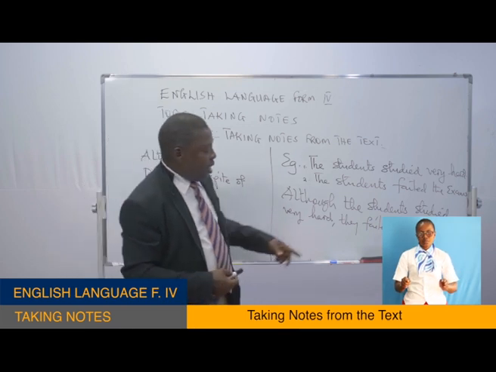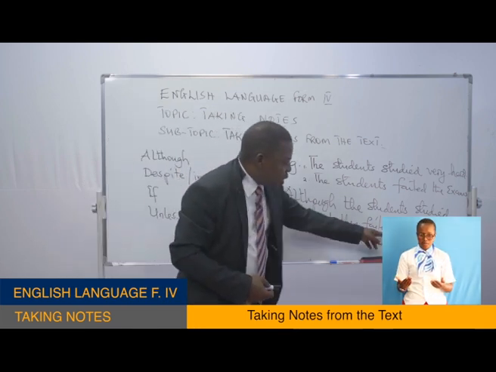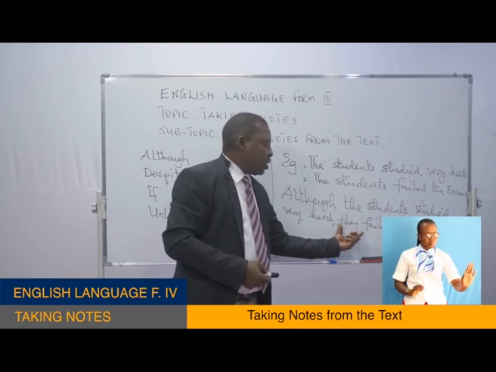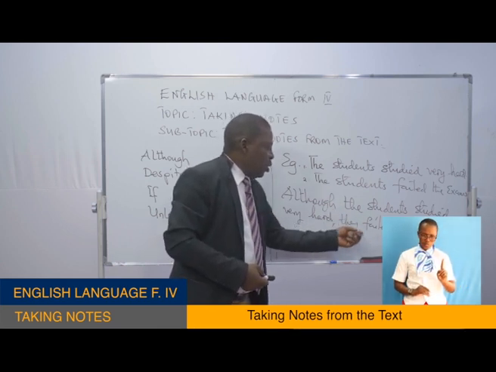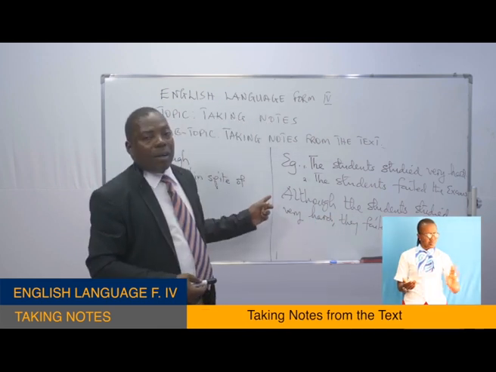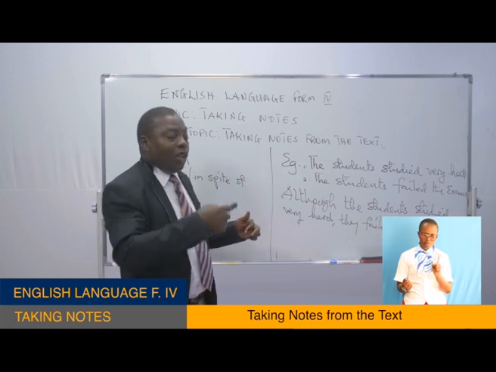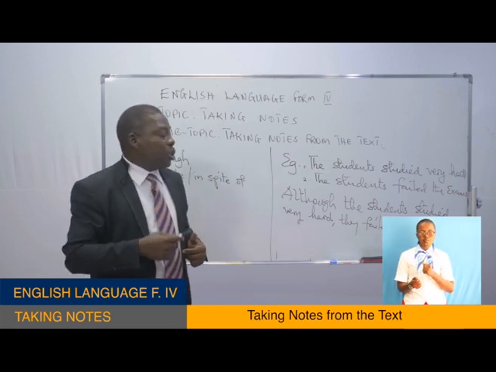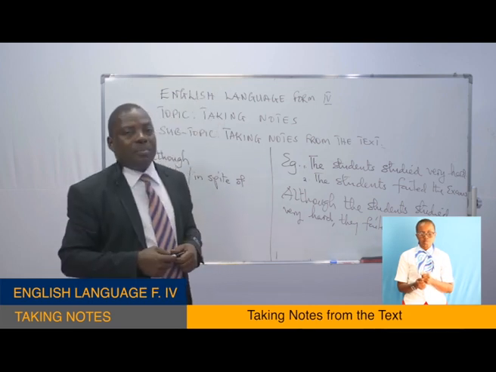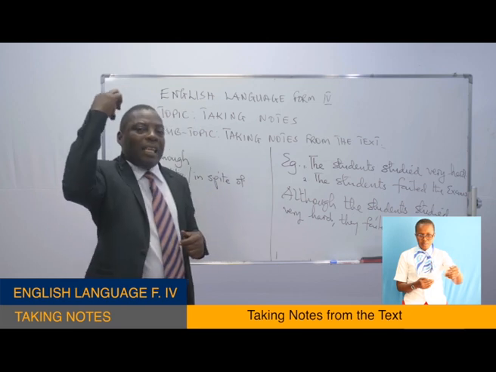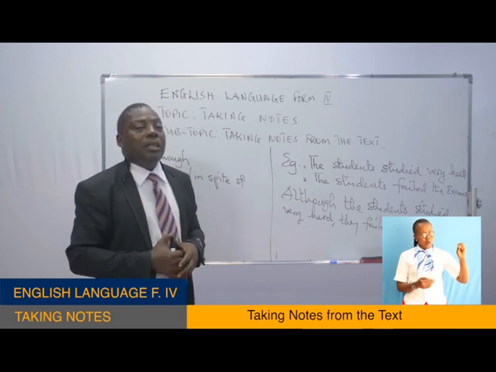In this case, if you are to begin with this clause, you cannot start with they, because it won't tell us what it refers to. It cannot make a reference to something which is going to be mentioned later. So a pronoun has to refer to something that has already been mentioned before.